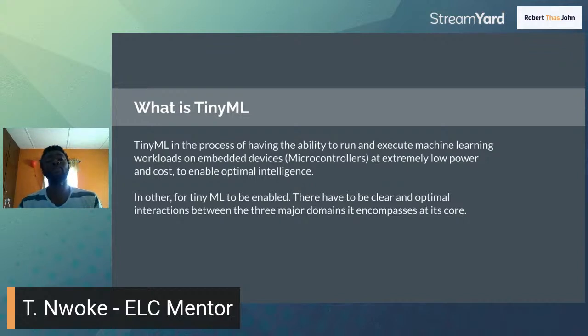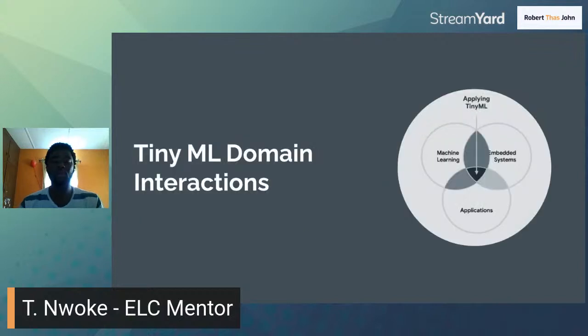So how do we build, design, or orchestrate a tiny machine learning solution? At its core, it encompasses three major domains: the machine learning part, the applications part, and the embedded systems part. So there has to be a clear definition and interaction between these three processes, right?